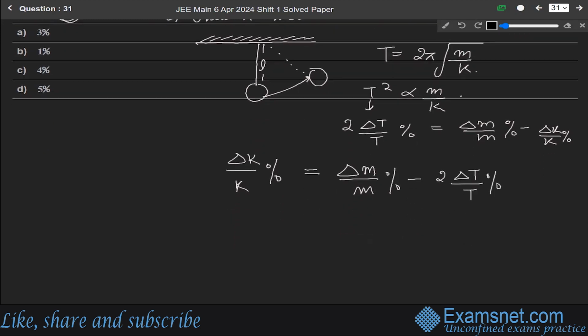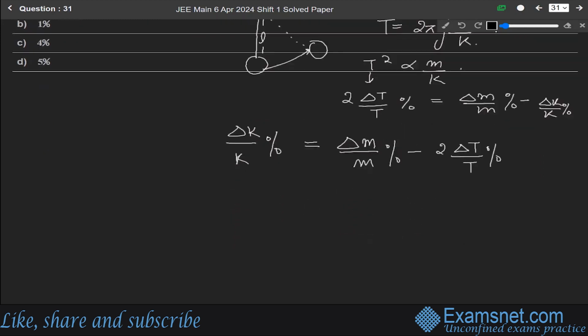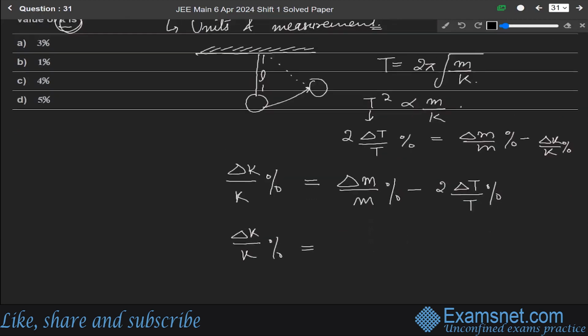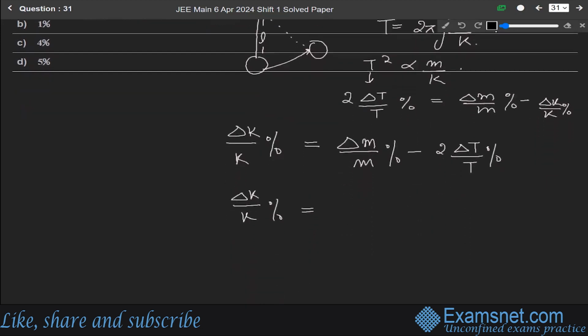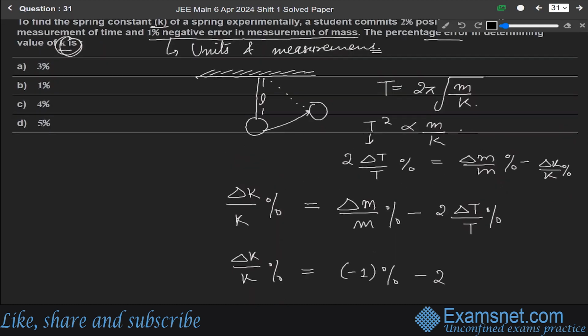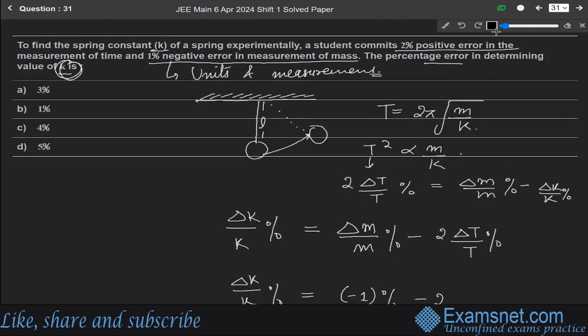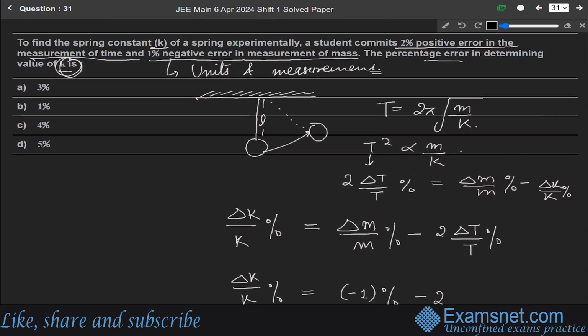Now putting the values as given in the question: 1% negative error in the measurement of mass means minus 1%, and minus 2 times 2% positive error in the measurement of time.